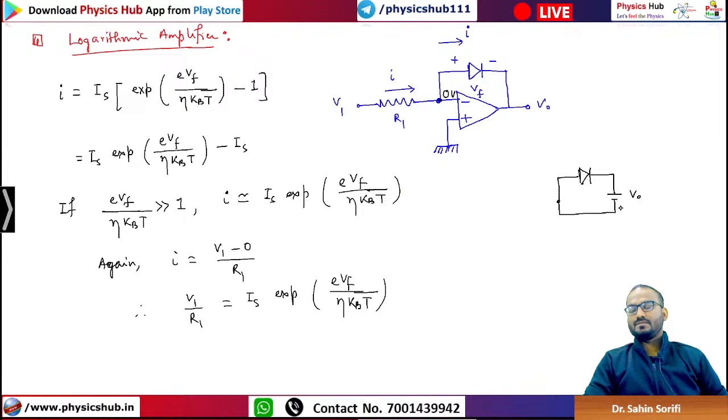This is V0, this is Vf. If I apply KVL, positive to negative, negative, positive to negative, negative, so Vf is nothing but minus V0.